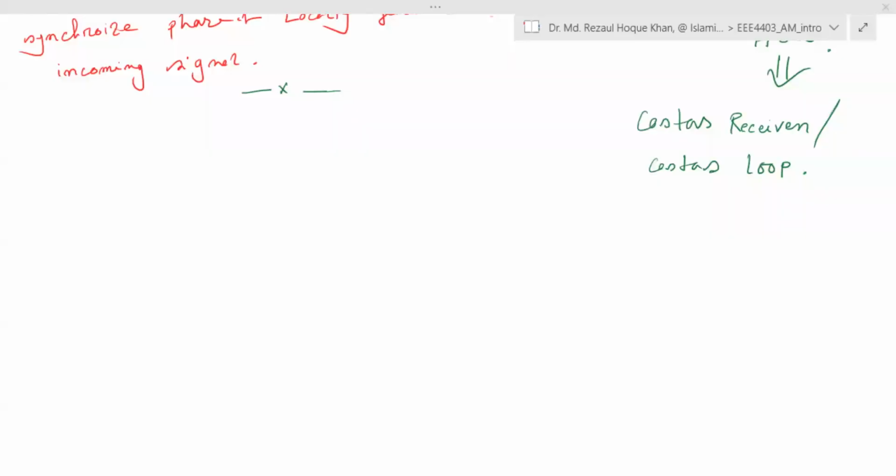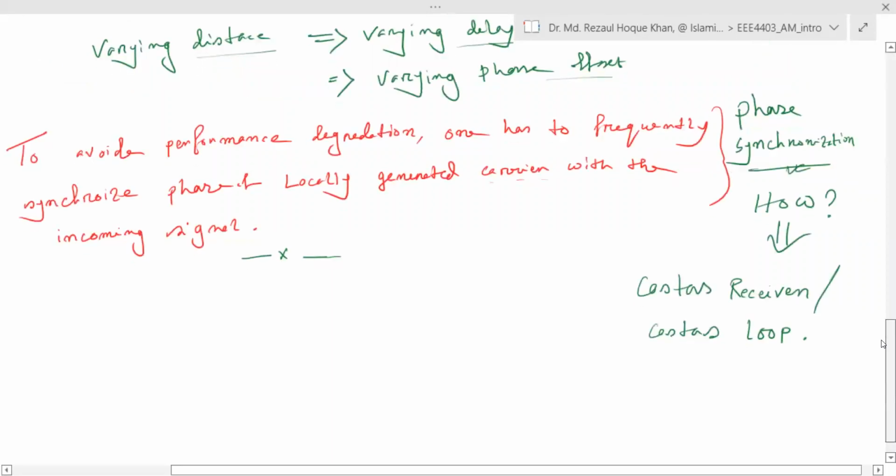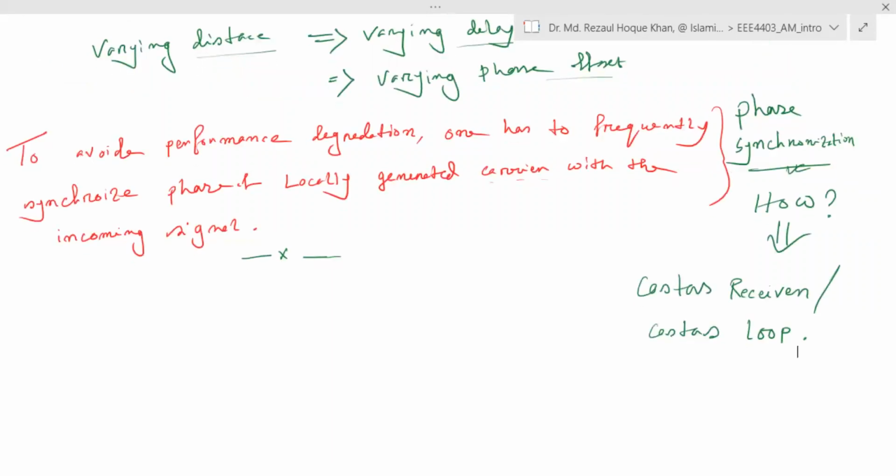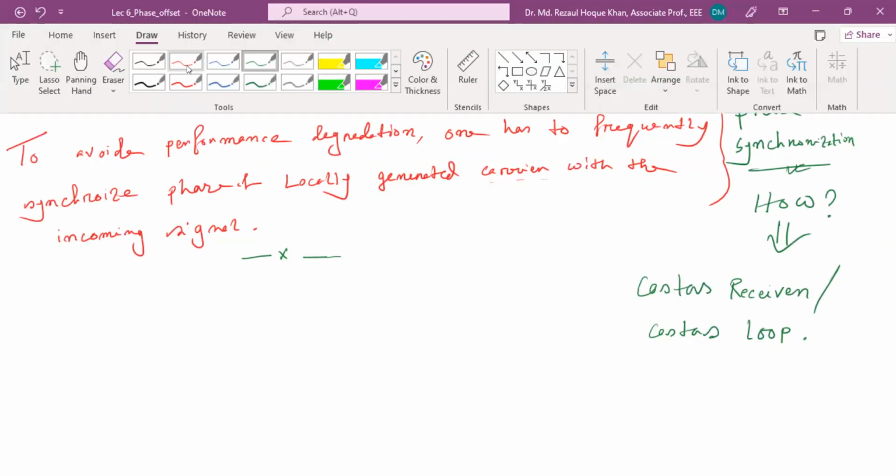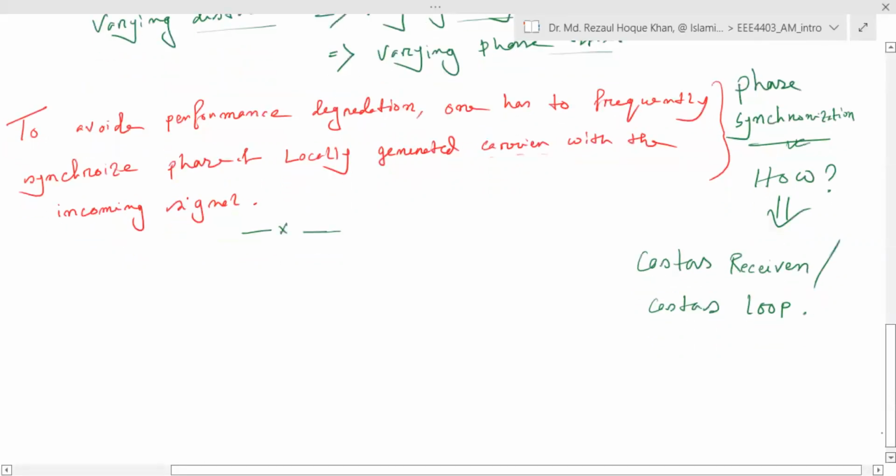Okay, so we concluded that for maintaining phase synchronization, we need a Costas receiver or a Costas loop. So let's see how a Costas receiver or Costas loop works. Okay, let's draw a schematic diagram of a Costas loop.